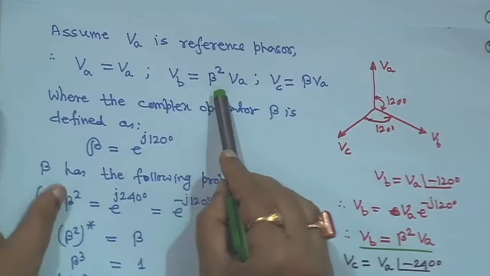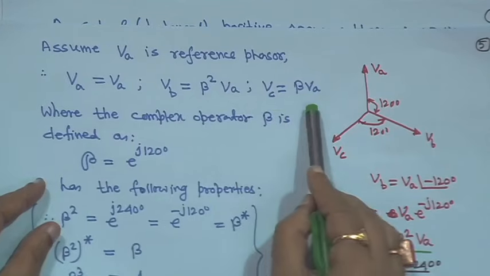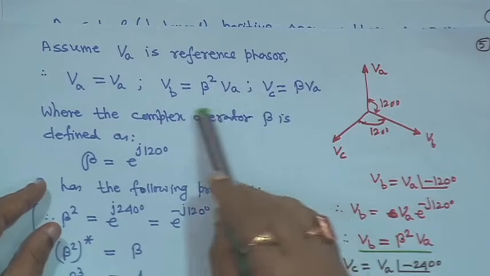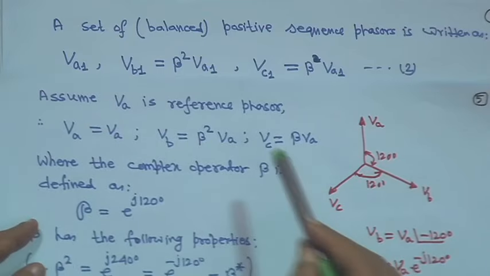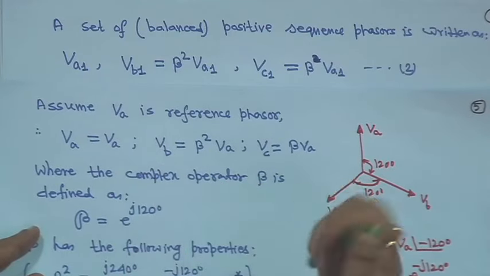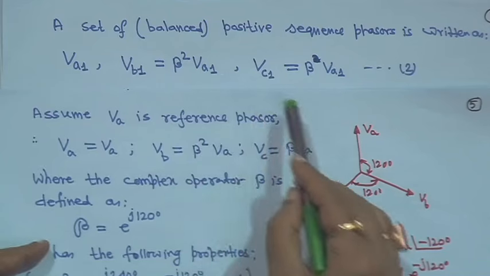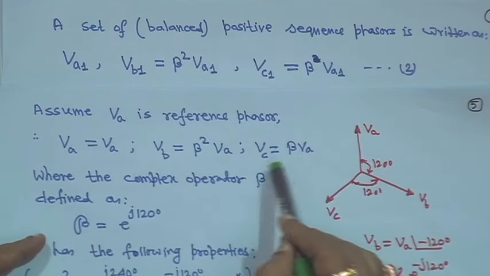Vb is equal to beta square Va1 and Vc is equal to beta Va, that is for the ABC sequence. We are making it Va1, Vb1, Vc1. So here also Vb1 will be beta square Va1 and Vc1 will be beta Va1.